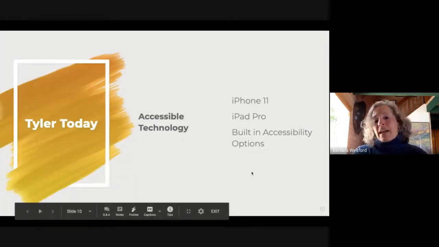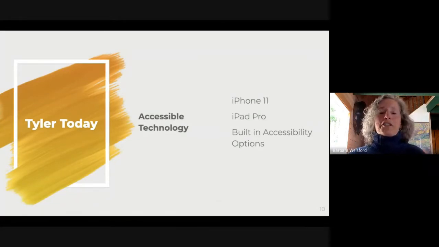So Tyler today, again, he uses a very unconventional access mode with his nose and his tongue. But once that iPad came along and he had direct access to the screen and it made it operable, today he uses primarily an iPhone, an iPad Pro, and because of the built-in accessibility options, those UDL designed devices, he prefers it to any other technology.